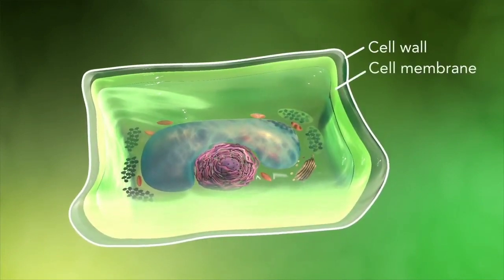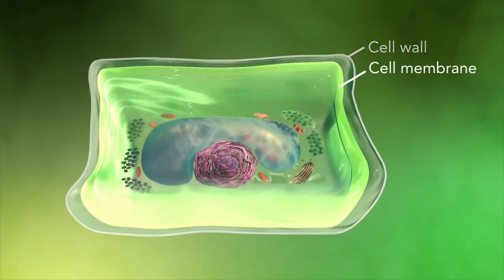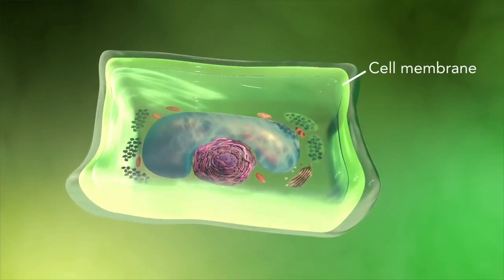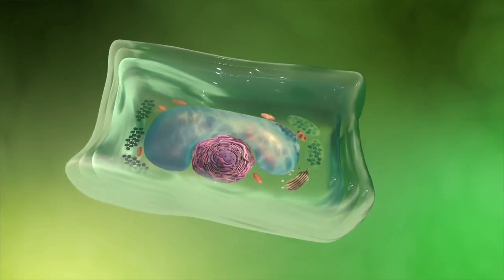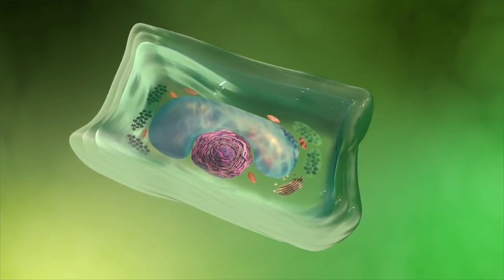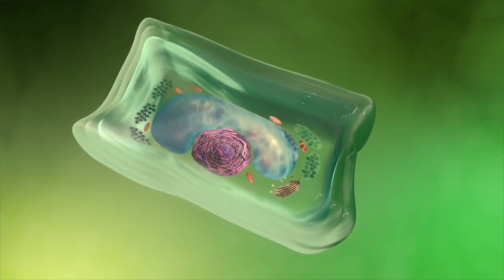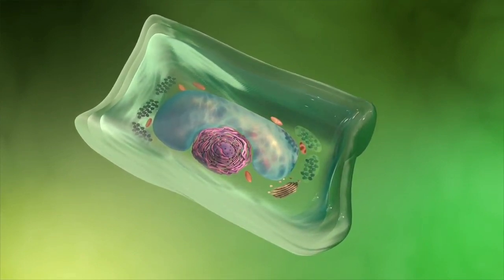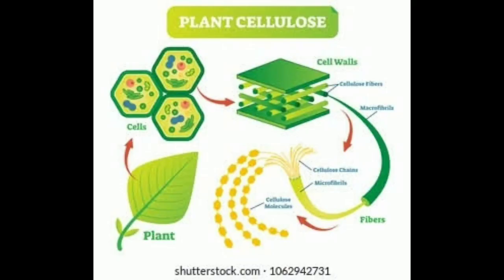Our skin is soft, right? But in the case of plants, they need a strong covering in order to withstand the external surroundings, right? They have to withstand extreme external conditions. So they have a strong cell wall in order to protect them.